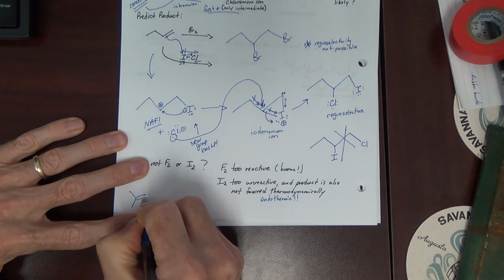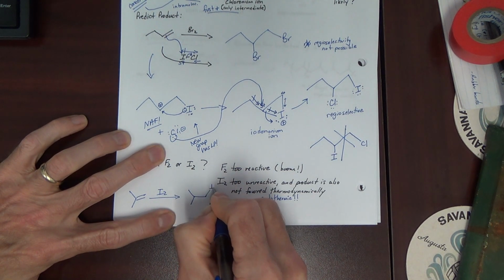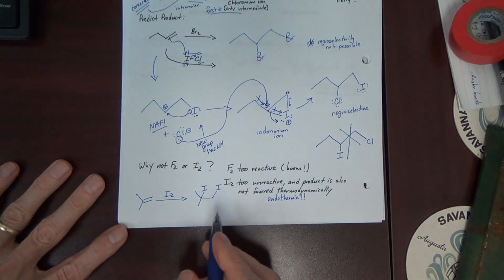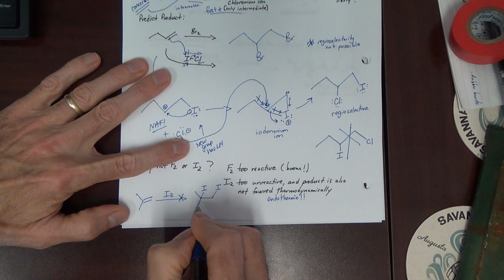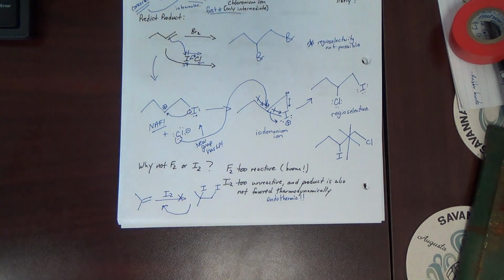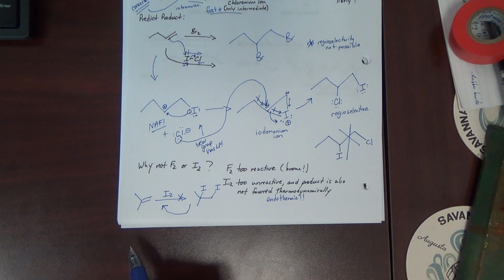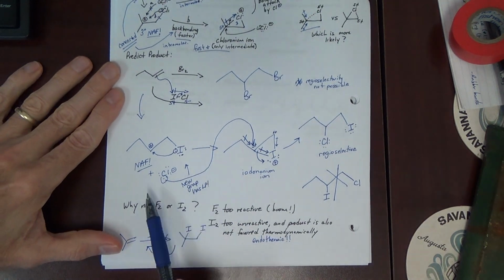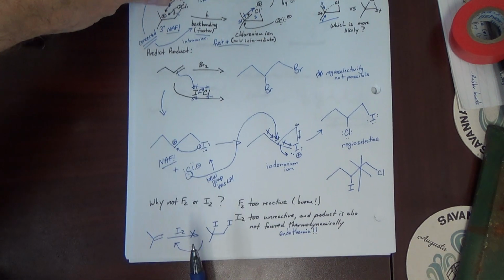But if you take an alkene and try to react it with I2 to theoretically get this dihalide, it usually doesn't work because this product usually converts back and the reaction becomes reversible, and actually this side is more favored with 2 iodines. Now you can often do it with 1 iodine using the interhalogen like ICl, but 2 is not that common.